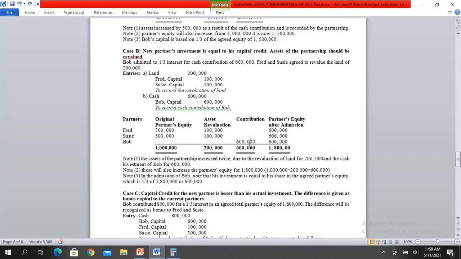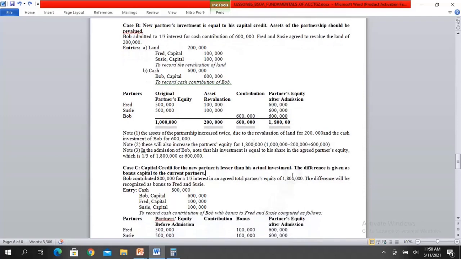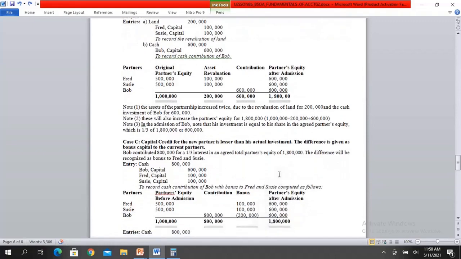Ayan. So, titingnan nyo, nagbago yung amount ng partner's equity before and after the revaluation and admission of Bob. Ayan. So, ganun.